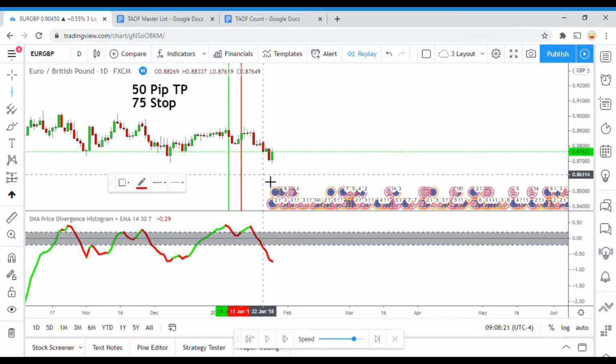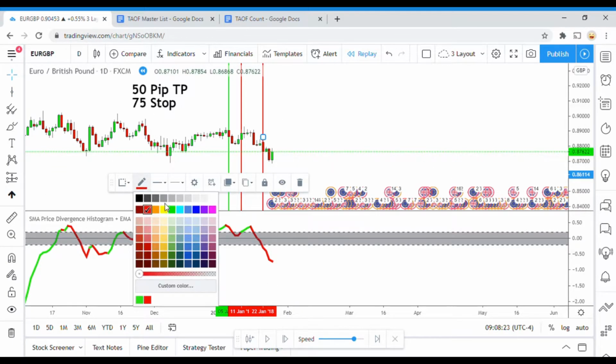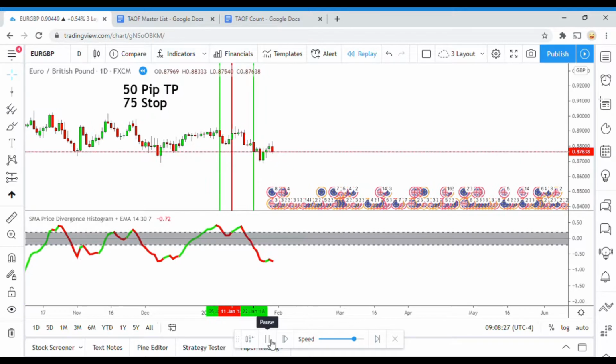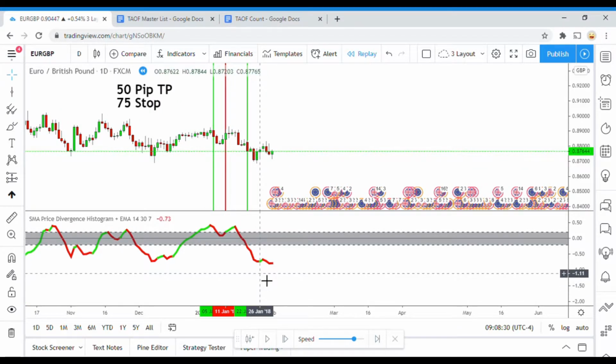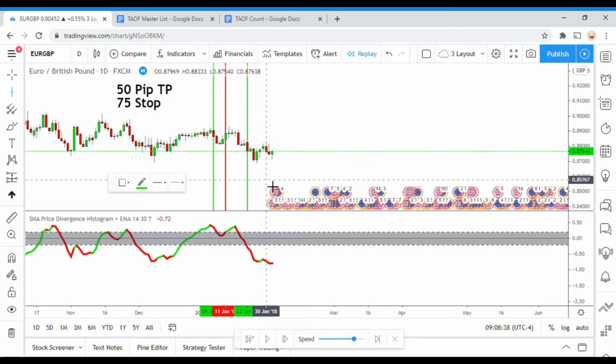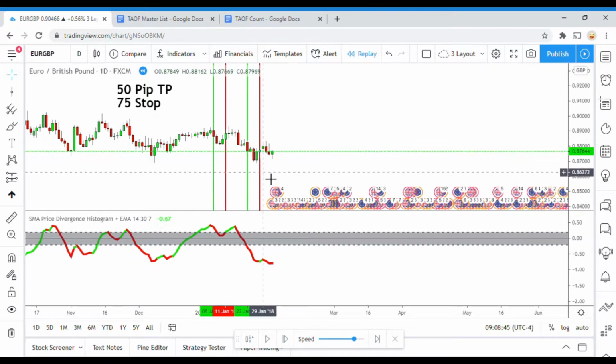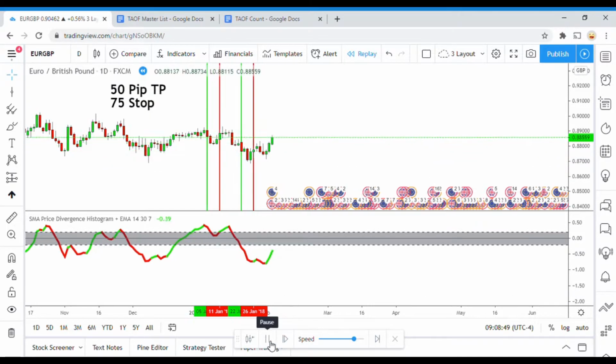And it breaks down here for a win. Peaks up for just a moment here, but turns right around and stops us out going the other way, so that would have been a losing trade.